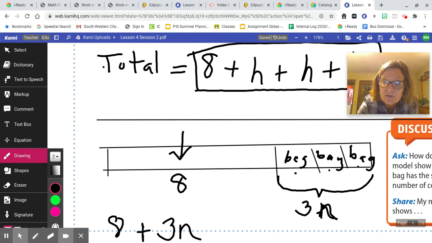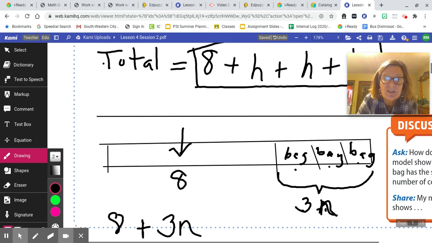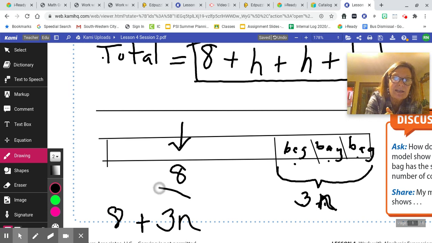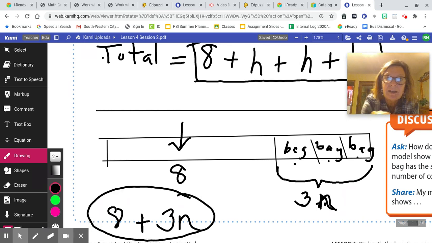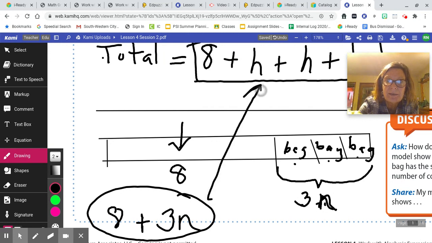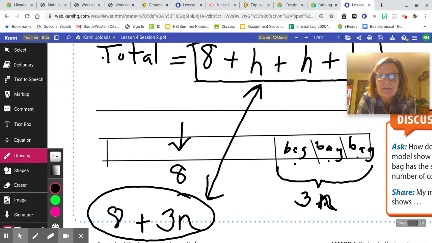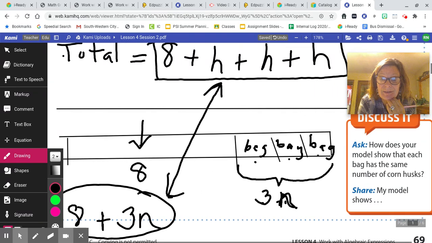So why did I do a 3 next to the n? Because I have 3 times n. So as an algebraic expression, I could have written 8 plus 3n. I wonder, do you think that expression is the same as this one? Does it mean the same thing? Yes, it does. Same expression.